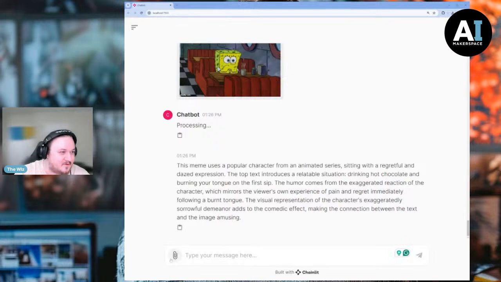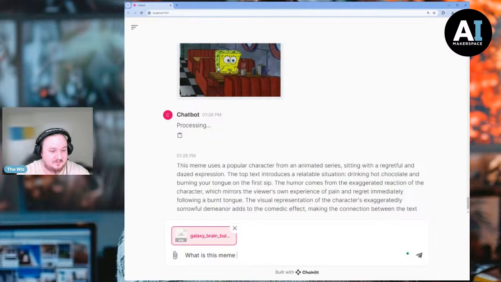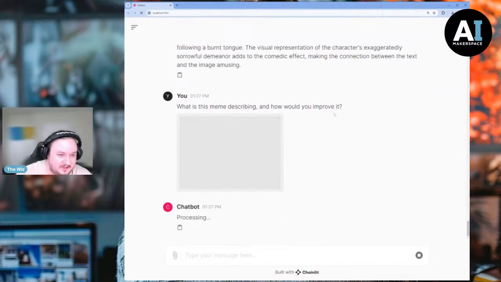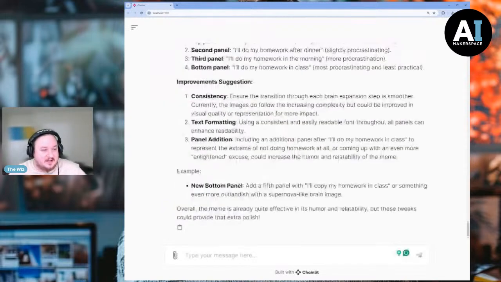We got a couple more memes here. What is this meme describing, and how would you improve it, right? So we can use this to interact with basically any kind of image, which is the idea here. I know we're kind of just going through them, but it's neat that it can do this, right?